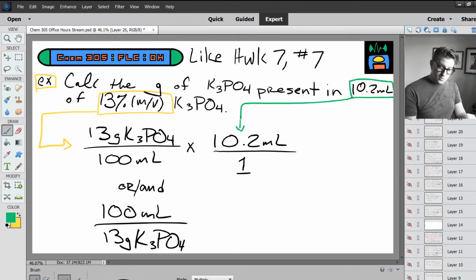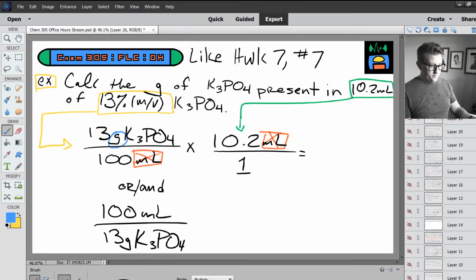When you line these two up, you'll notice that milliliters cancel milliliters, and you're left with grams of potassium phosphate. So we crunch our numbers. 13 times 10.2 divided by 100.